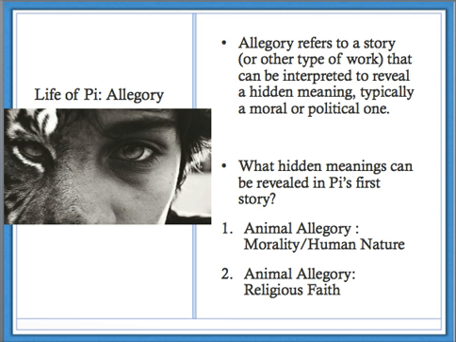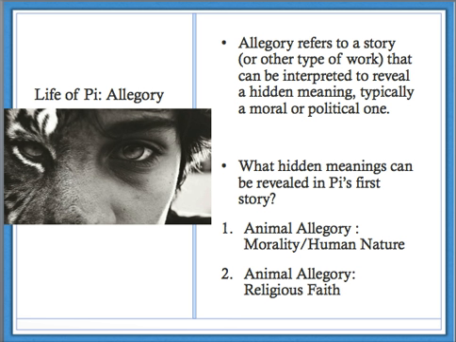So the hidden meanings of Pi's story. He's using animals in his first story, so we could view his narrative as a kind of animal allegory. The animals are representing something beyond just being animals. They also become more symbolic in an allegorical reading of the novel.